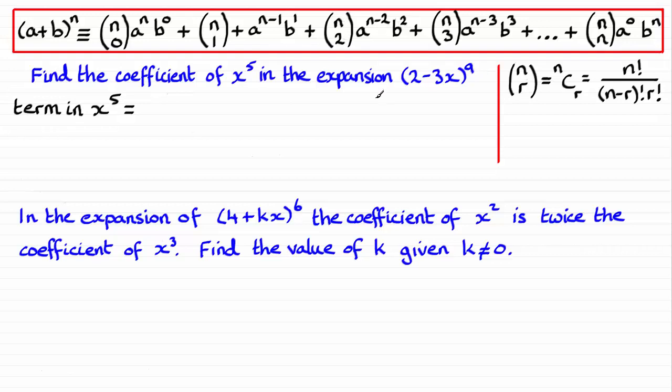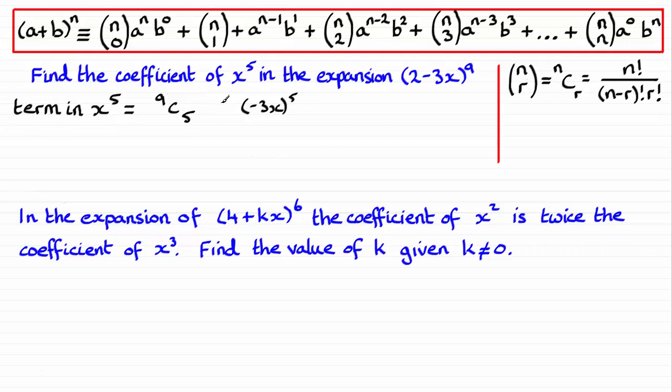So if we're looking for a term in x to the 5 where it's got minus 3x here for the b value, then we're going to be wanting 9C5. Okay, that would be the n value, 9, the power here, and we want the power 5 here on the x term, and it's going to come from the b value, minus 3x, raised to the power 5.